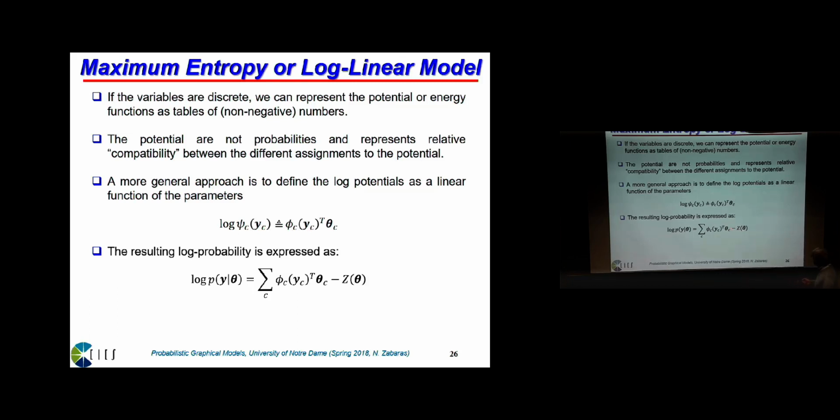Okay? And again, you see that this animal here, Z of theta, is going to be coming in all the time, and it's going to be a headache because it's not like, okay, this is proportional to that, we don't need this. So unfortunately, if you're going to estimate these parameters, all these parameters are coupled through this normalization term.